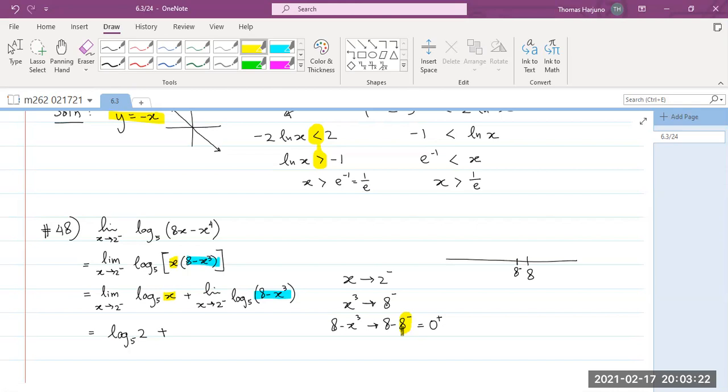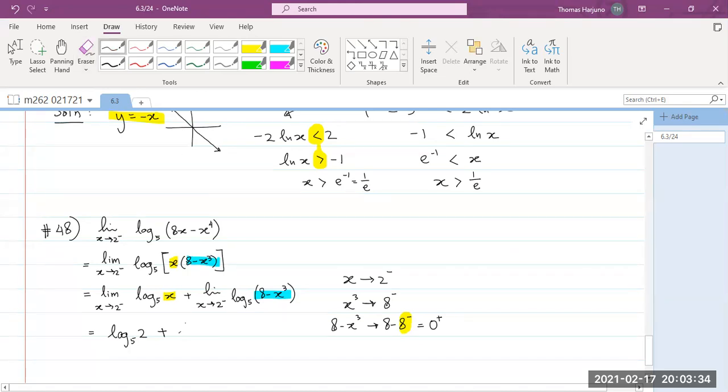So 8 minus 7.9999 is very close to 0, but positive. Now, this is basically the limit as y goes to 0 positive of log base 5 of y.